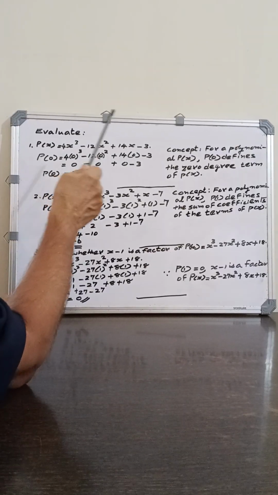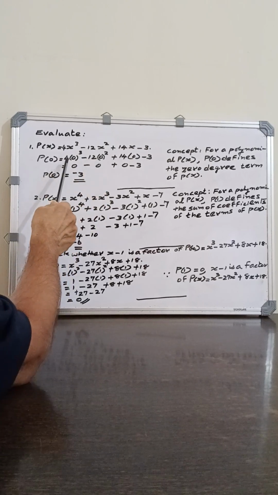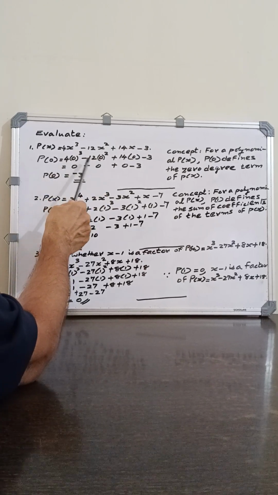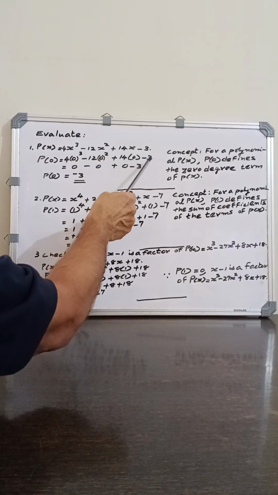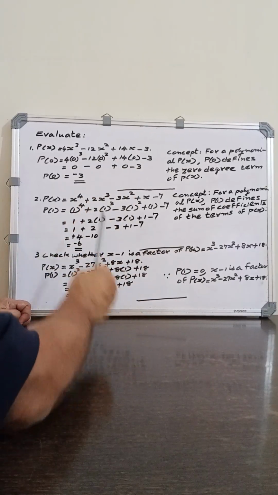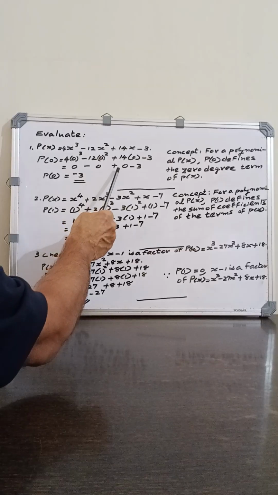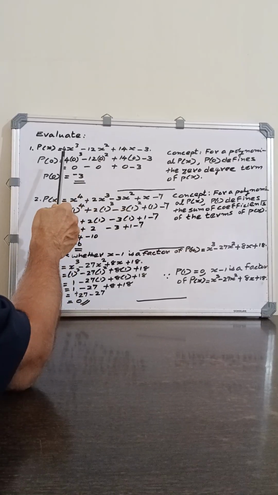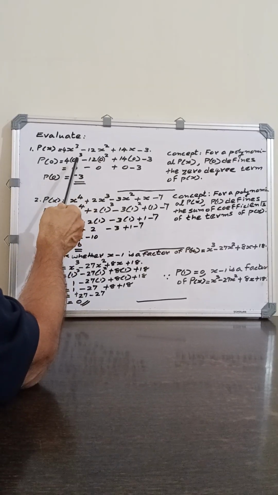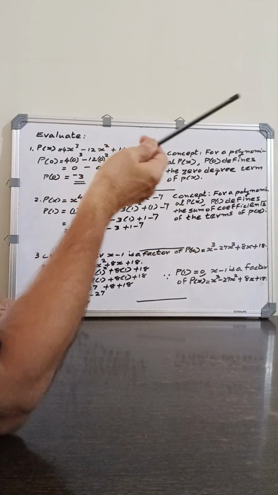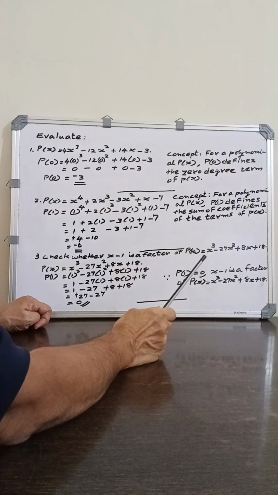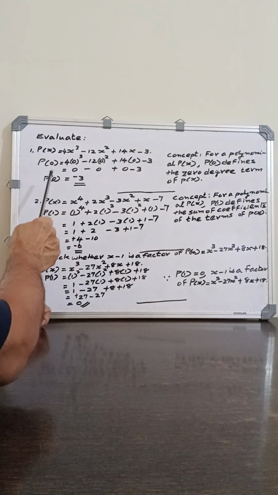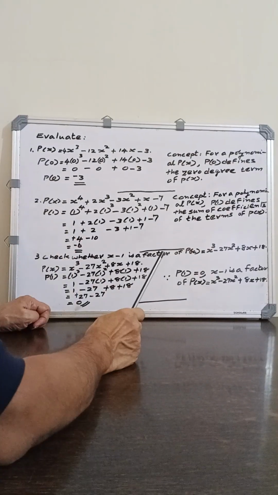That is 4 into 0 cube minus 12 into 0 square plus 14 into 0 minus 3. That is 0 minus 0 plus 0 minus 3. When a number is multiplied with 0, the resulting answer will be 0. From this, we conclude that P of 0 equals minus 3.